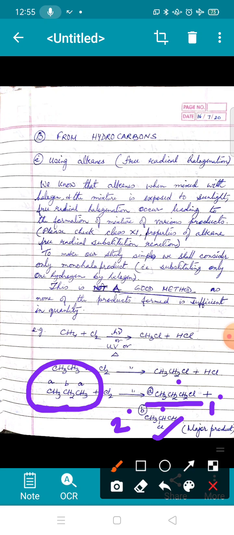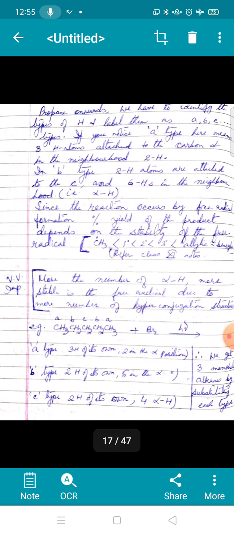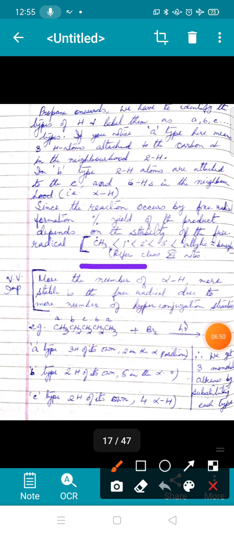To understand which product is going to be the major product, you have to go back to the stability order of the free radicals, which we have done in class 11, and I have given you on the next page also. Here I have given you the stability order of the free radical.